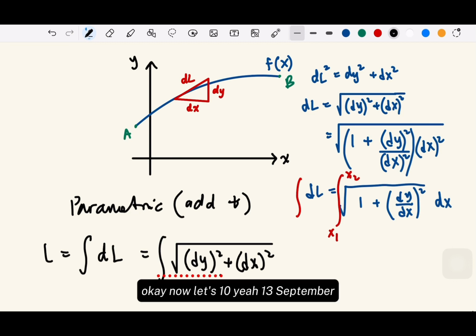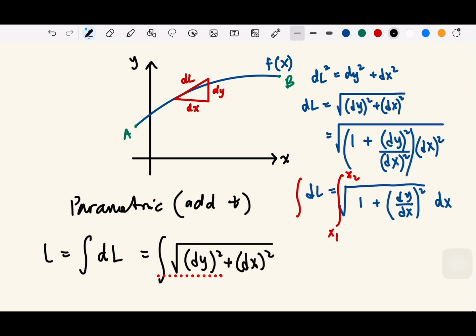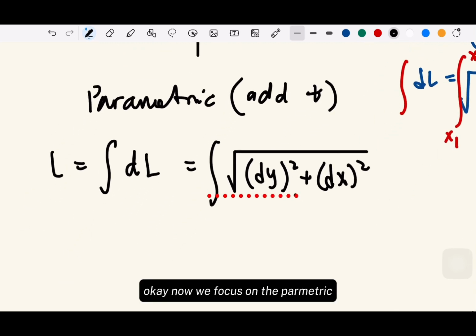Okay, 13 September. Okay, now we focus on the parametric.